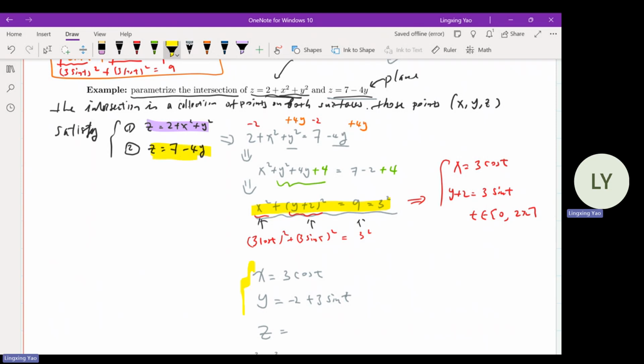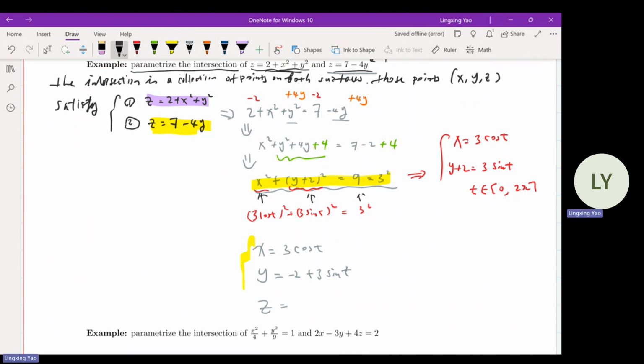We can obviously use the second equation to write down the parameterization for z, which is 7 minus 4 times (negative 2 plus 3 times sine t), which is 7 plus 8, which is 15 minus 12 times sine t. And obviously here we have to restrict the value of t, so it goes through one full cycle. So this is what we can do.